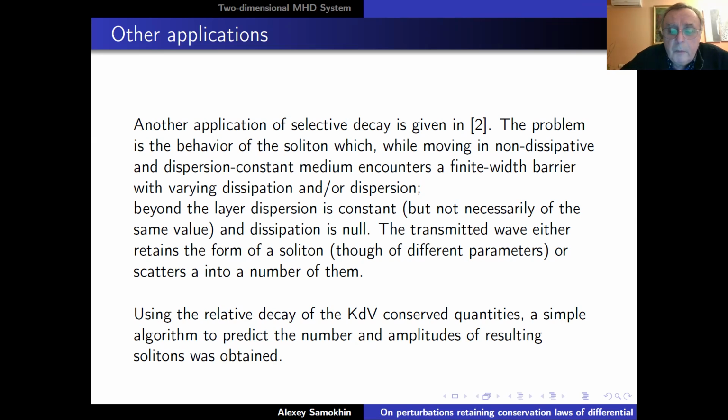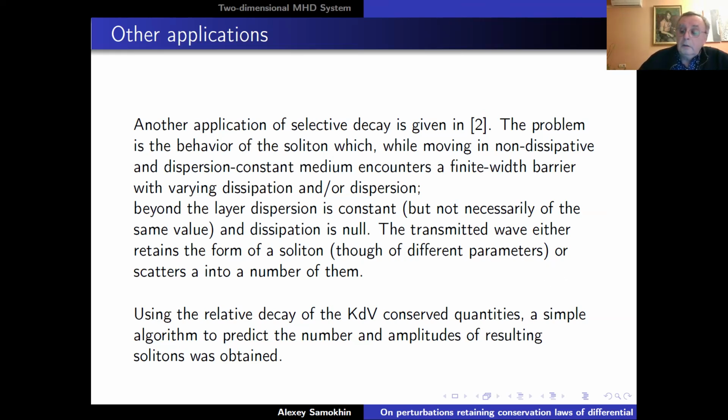One of the KdV properties is that when the transition signal leaves the previous media and comes into another, this signal will scatter or split into a number of solitons.